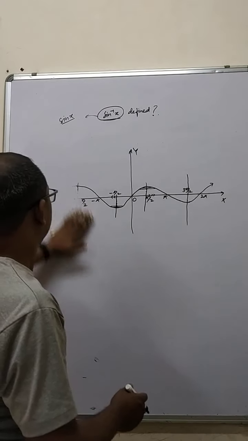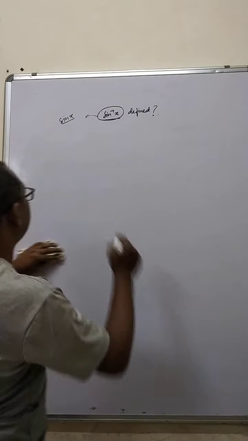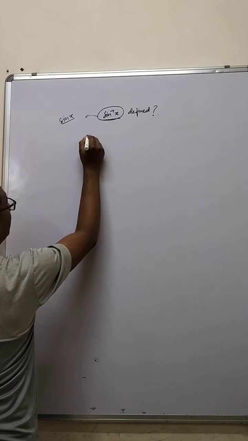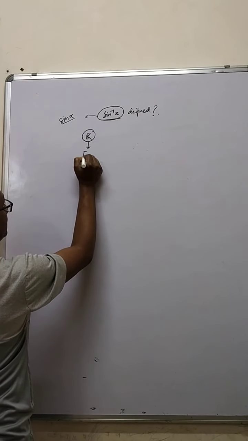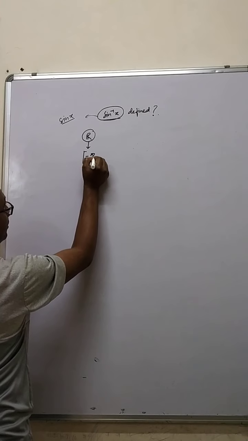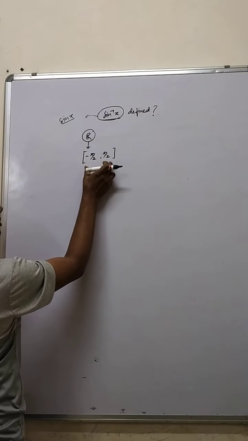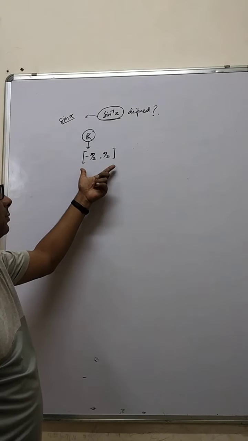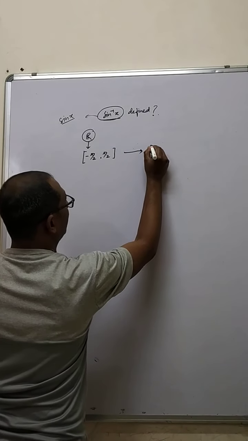So what we have learned: if I restrict the domain of sine x from R to any one of those, but we'll go for minus pi by 2 to pi by 2, this is the midmost interval, and it is taken universally as the principal value branch of sine inverse of x, with codomain -1 to 1.